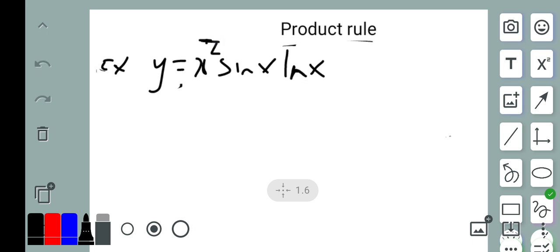We are trying to solve this problem. So how do we tackle this kind of problem? If you look at it, you have one function multiplied with another function multiplied with another function.